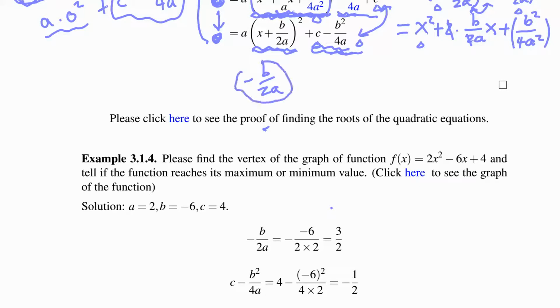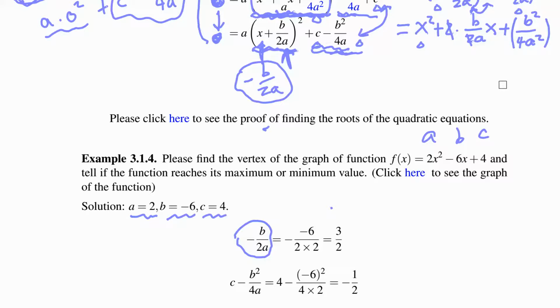Put the value here, you're going to cancel that. So basically, we need to find this x coordinate. We know here is A, here is B, here is C. So A is 2, B is negative 6, C is 4.